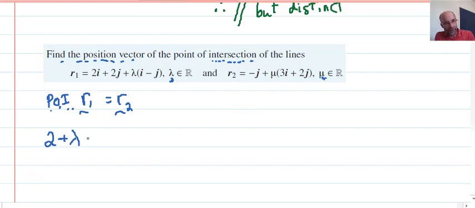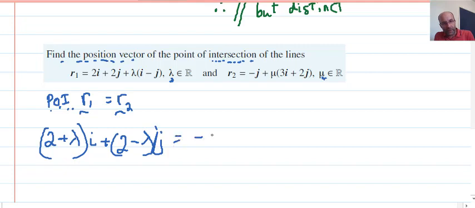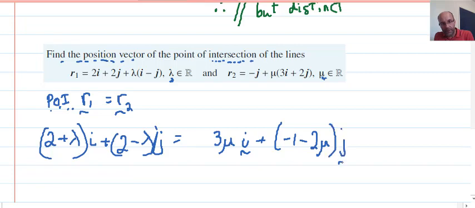So we have (2 plus lambda) i, (2 minus lambda) j, equaling, now we have 3 mu i plus (-1 minus 2 mu) j on the other side there.